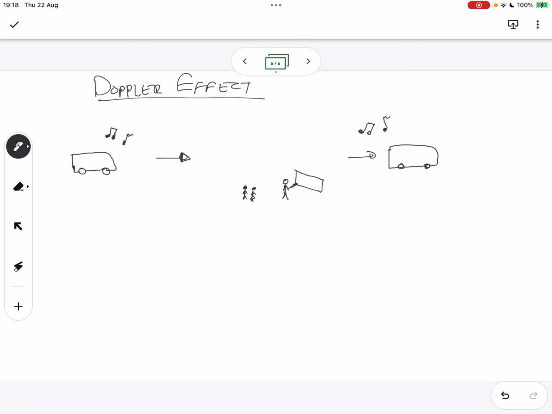So somewhere when it's making its way to our direction, we kind of hear the sound in the distance, right? And the sound sounds different when it's here from when it's there.